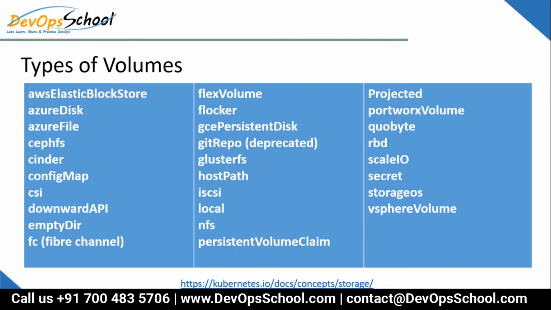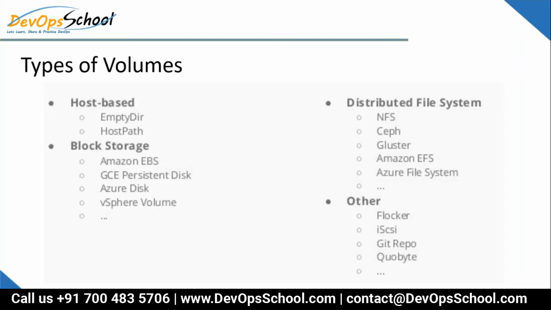Now, if you want to categorize these into storage categories, I think this image is good. Look at this. Host-based volumes: emptyDir and host path. These are the plugins. Block storage volumes: EBS, GCE disk, Azure disk, and vSphere volumes. These are the block storage. Then distributed file systems like NFS, Ceph, Gluster, Amazon EFS, and so many other things.